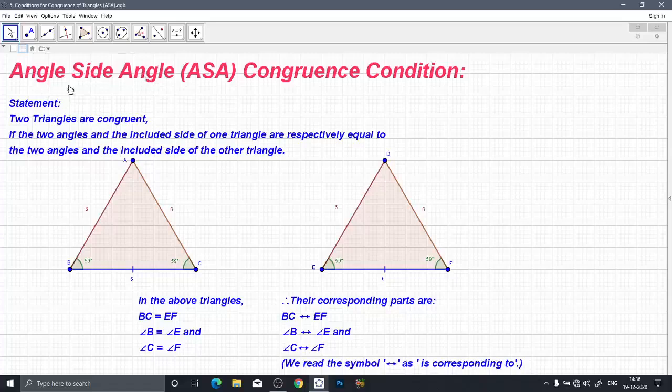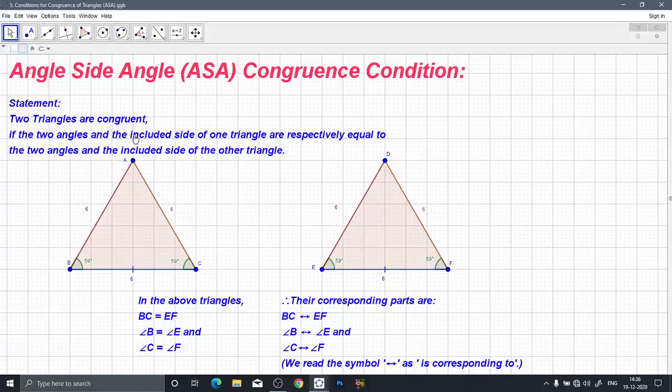On both ends we are taking angles. Two angles and the included side of one triangle are equal to the corresponding two angles and the included side of the second triangle, then those two triangles are congruent to each other. See the definition once again.